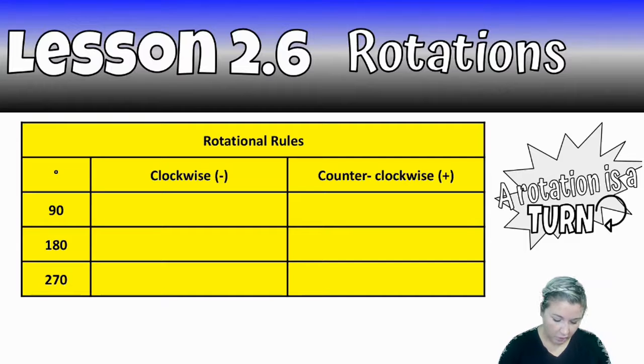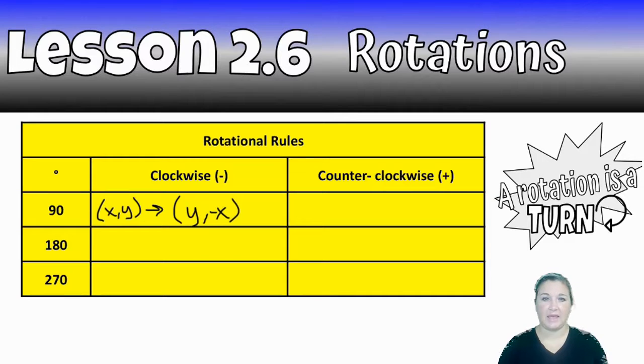All right, so our rules. We're going to look at these first because this is going to be super helpful. It's a little more challenging to rotate the figure and then look at them. When we rotate clockwise, negative 90 degrees, you go from (x, y) and flip the coordinates, and the x value becomes the opposite sign.